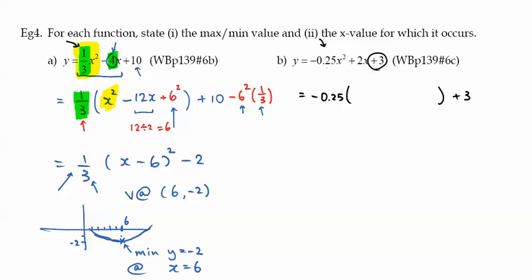As we factor out negative 0.25 from the first term, we will just end up with x squared. And for the middle term, as we've factored out the negative, the plus here becomes a minus. And as we take out 0.25 from the 2, we will end up with 8x for this middle term. Once again, you can try to open up the bracket and see if 0.25 times 8 will give us 2.